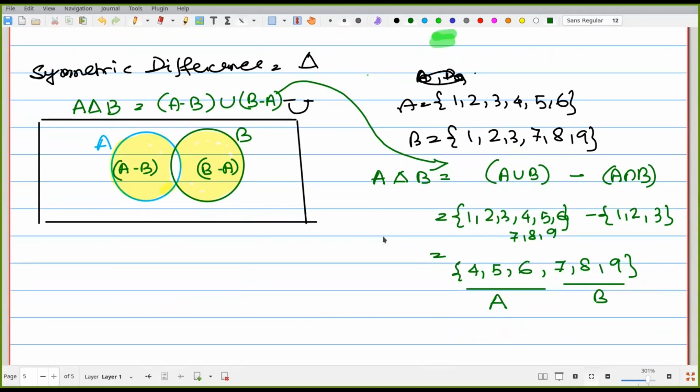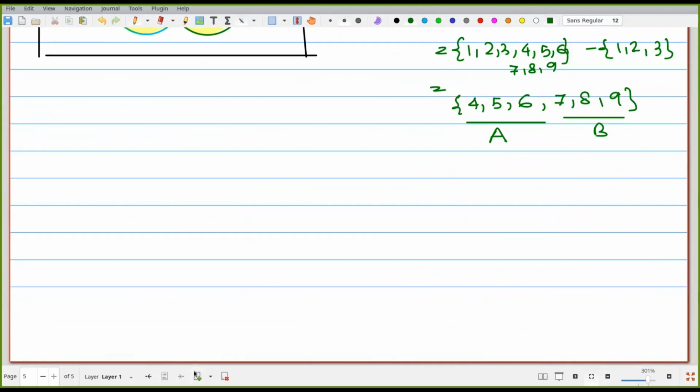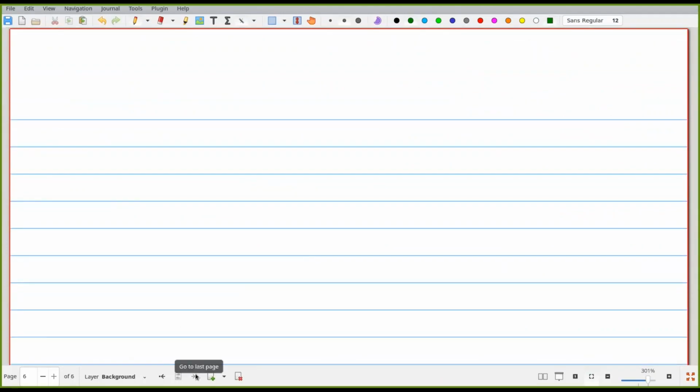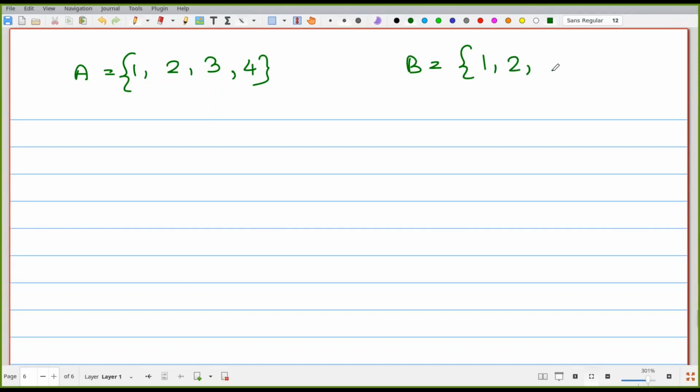Final one, another one, the next set using Venn diagrams. Suppose we have three sets, that is A equal to 1, 2, 3, 4, B equal to 1, 2, 5, 6, and suppose C equal to 1, 2, 7, 8.